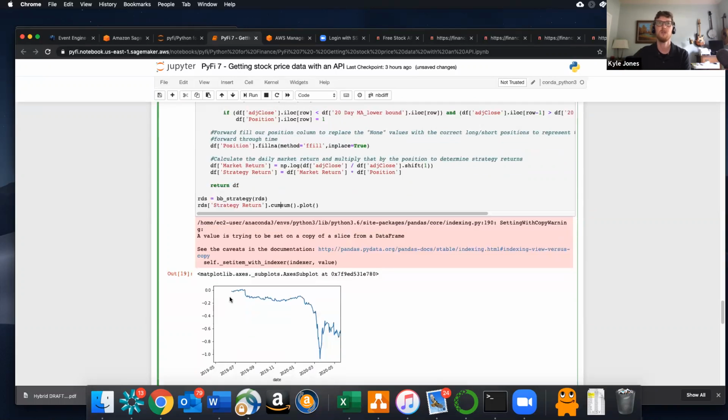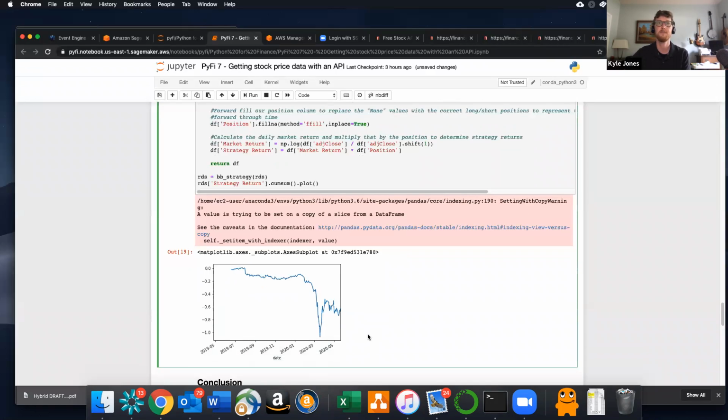You'll notice that this strategy performs terribly on this stock. This is not a very successful strategy. If you started with $1 last year, you'd have like 40 cents left. So for this stock, not a good strategy.